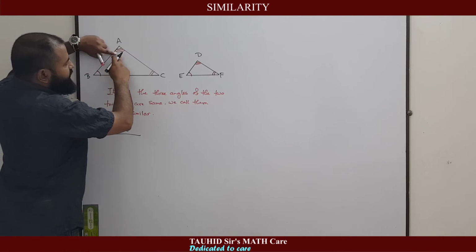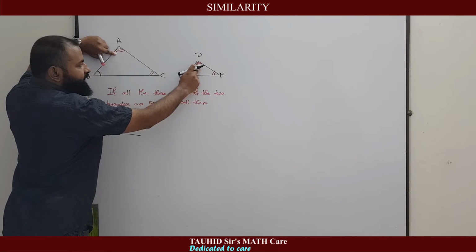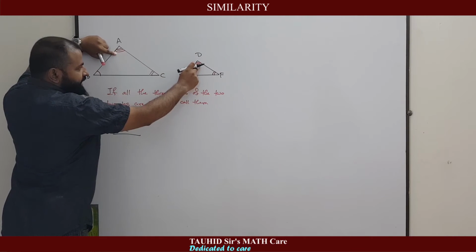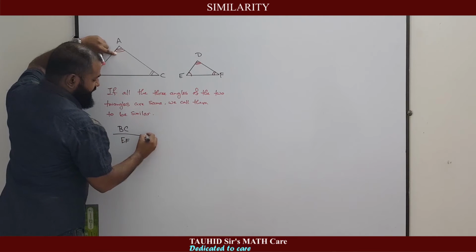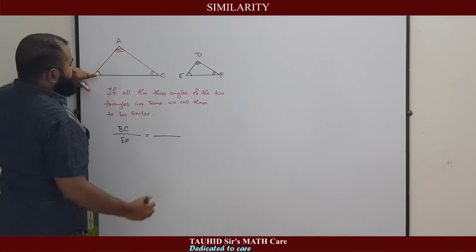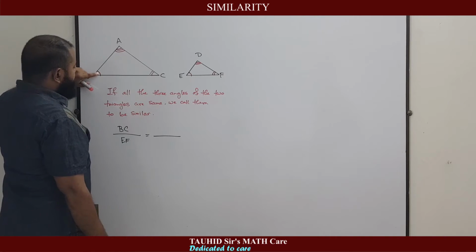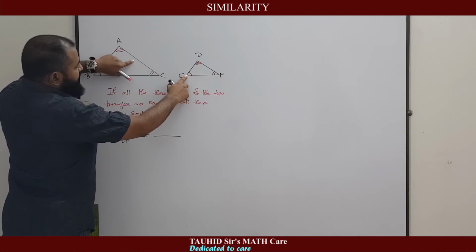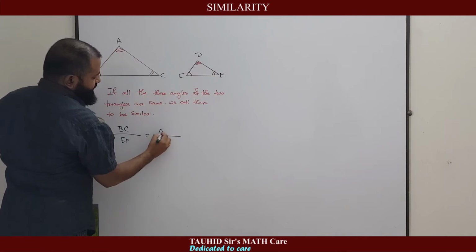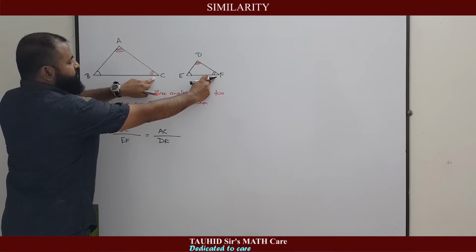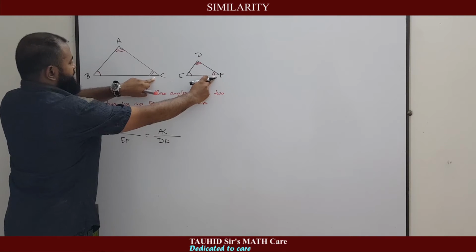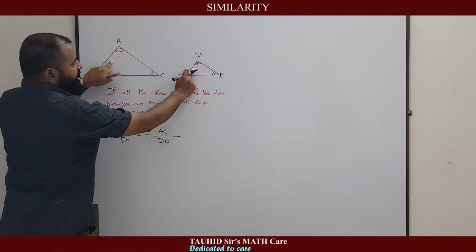The angle equal to this is here, D. The opposite side of D is EF. So BC divided by EF equals, if we consider the opposite side of this angle, AC divided by DF. And if we consider the opposite side of this angle, AB divided by DE.